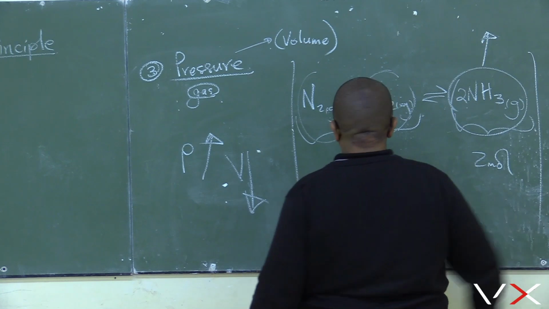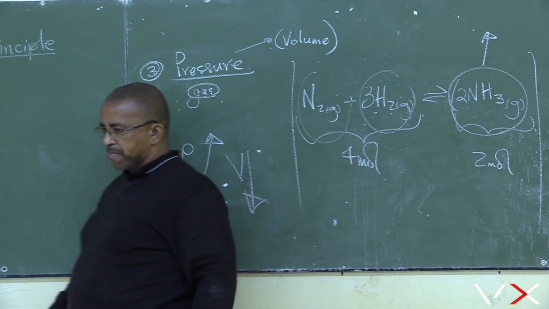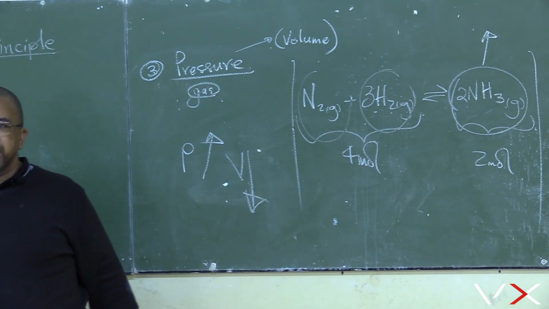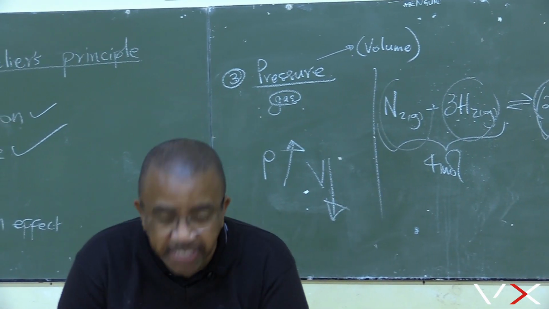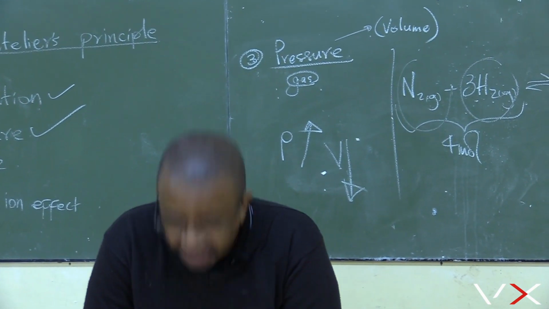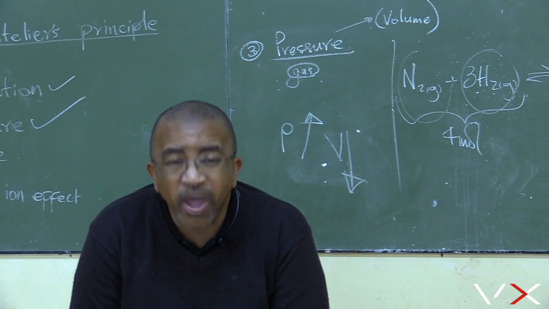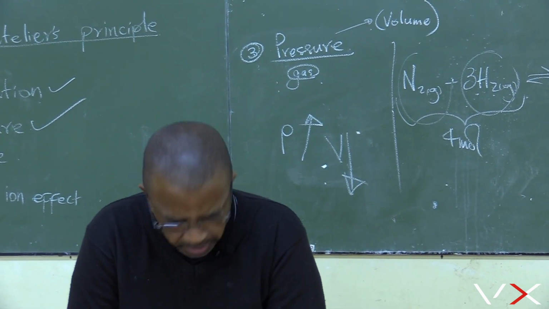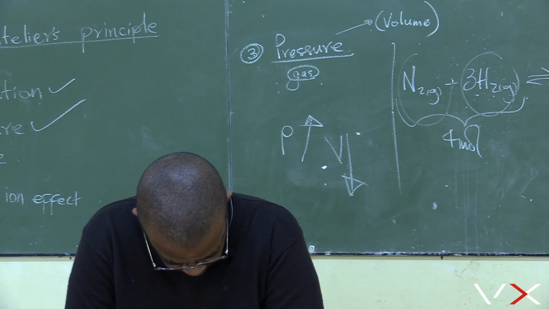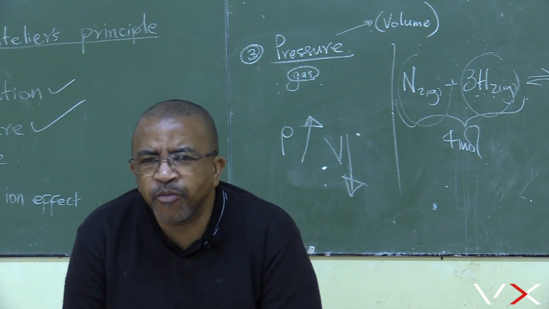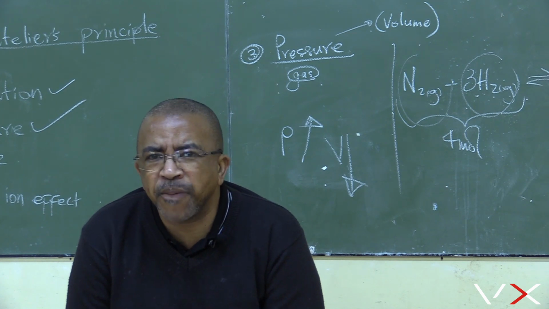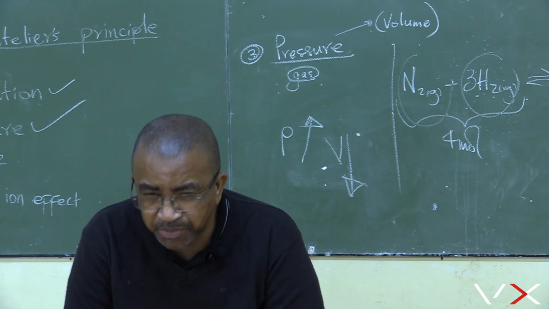So the system will shift to the right. When pressure is increased, the system will shift to the direction where less number of moles are formed so as to occupy that little space.